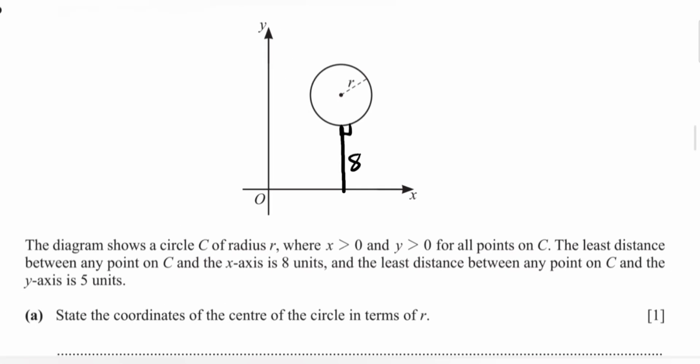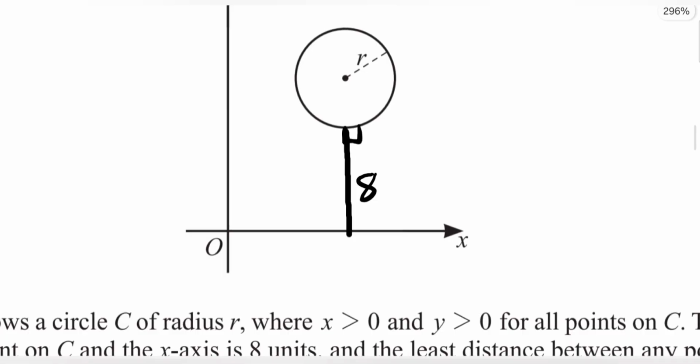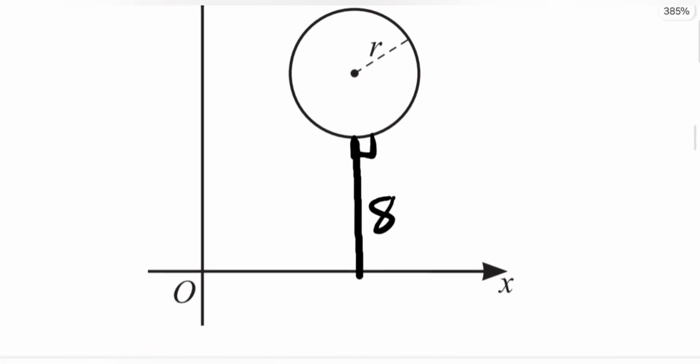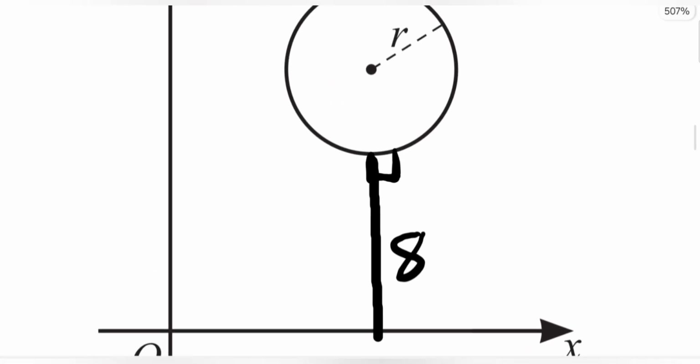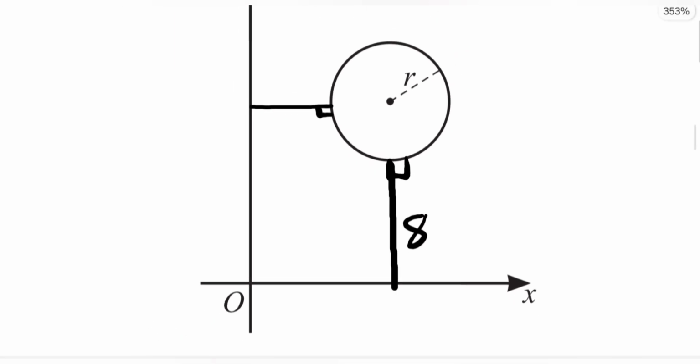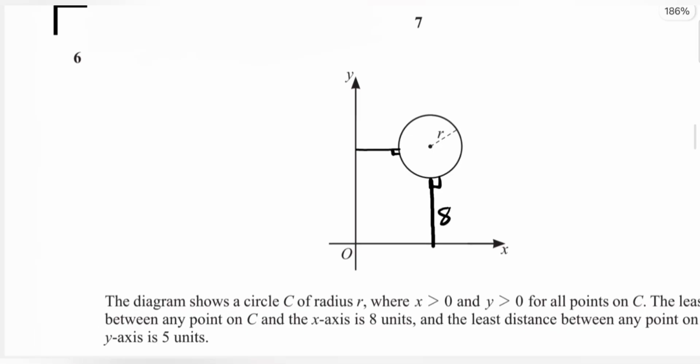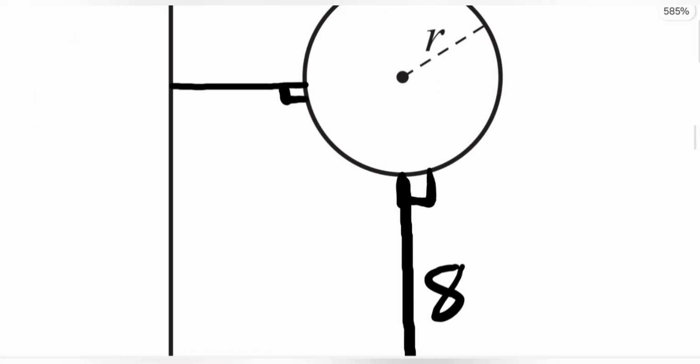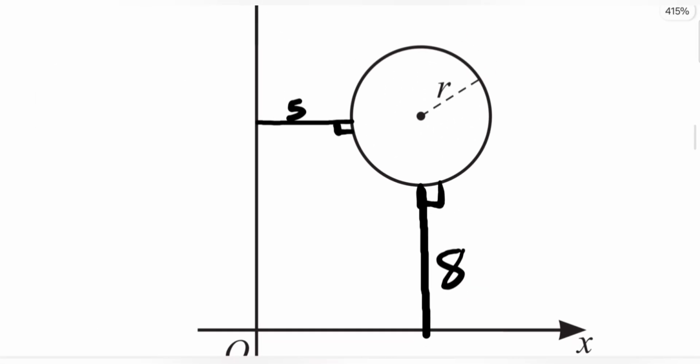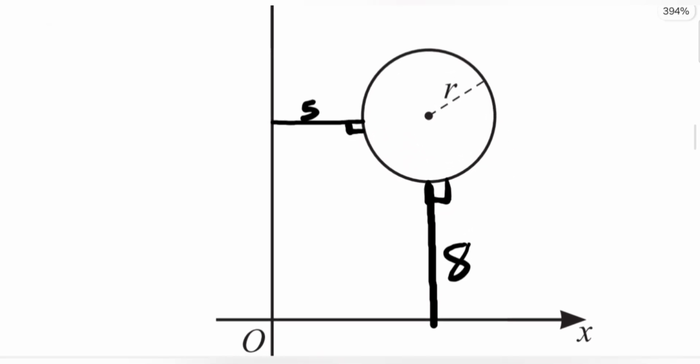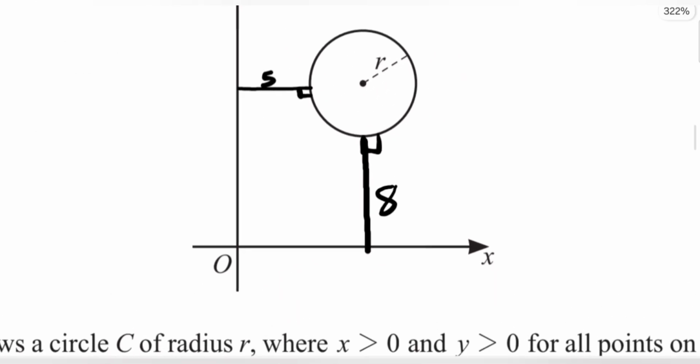And the least distance between any point on C and the y-axis is 5 units. So again, looking for a line that can give us 90 degrees, and that should be here, right? That will get a 90 degree here. So that will be the least distance, right? The perpendicular distance. So we're told this is 5, right? Like that.